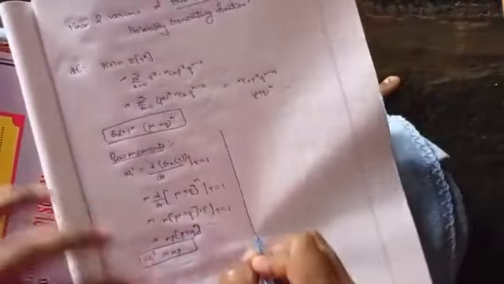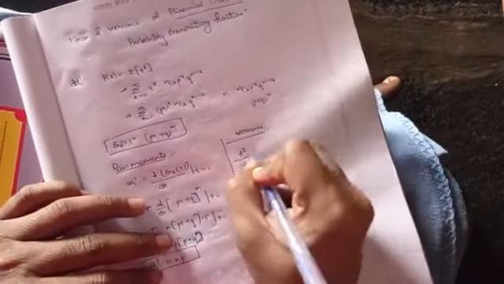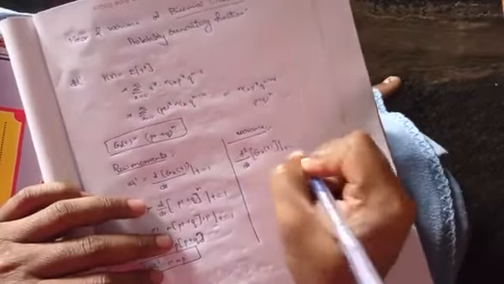So let us find the variance. Variance is obtained from the double order derivative, that is d square by dt square of Gx of t such that t equals 1.